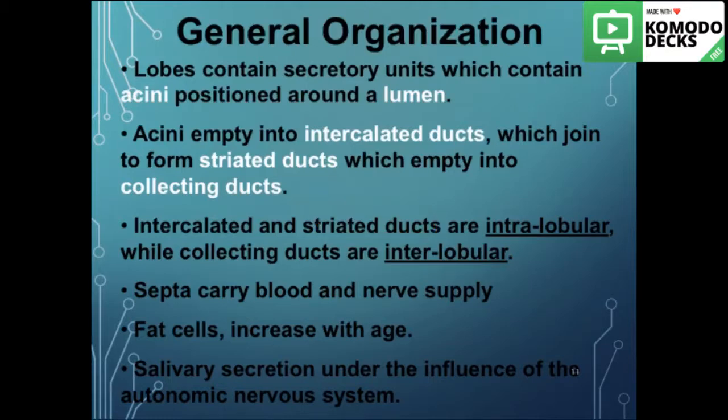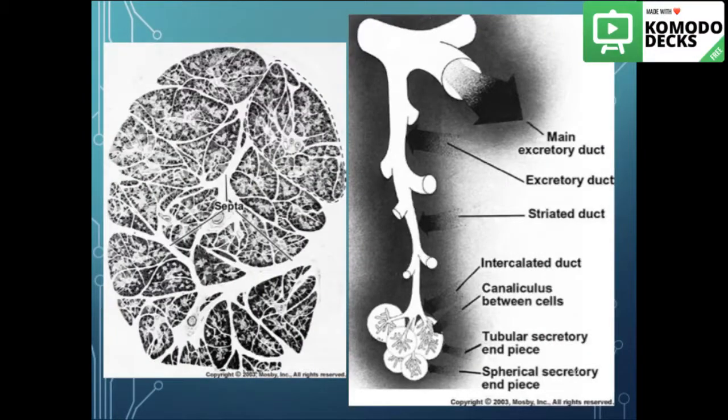The connective tissue septa, as we said, carry the blood and nerve supply. There are fat cells which increase by age. The salivary secretions are under the influence of the autonomic nervous system, both sympathetic and parasympathetic. Again, this is all one lobe. It's separated into separate lobules by connective tissue septa.